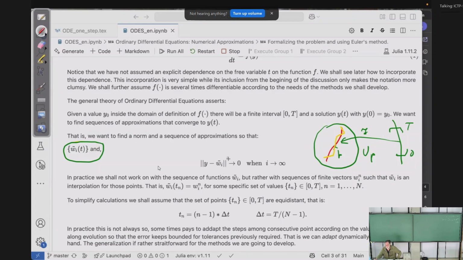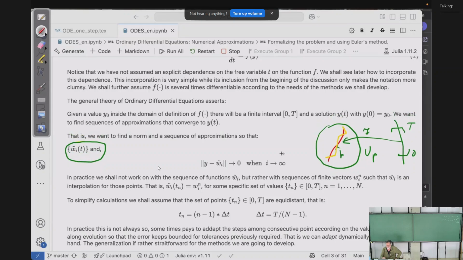And here we are using a norm because we are thinking that the y belongs to, and the f belongs to, some vector space, or it can also be a patch in a manifold of R^n. So it's a piece of R^n in any case. So we are using some norm. But in practice, we don't work with this sequence, and you will never see this, basically.